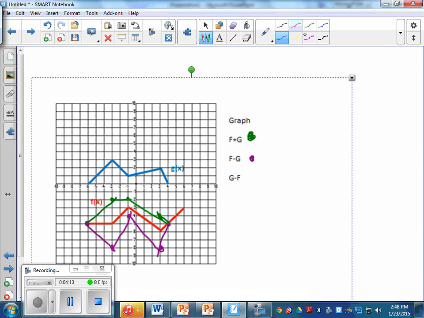For g minus f, it's the same way. I was trying to find a different color that I hadn't done before. I don't know if this pink will look okay. It's going to be the blue number minus the red number. So it'd be 0 minus negative 5, which puts you at 5. And then it's going to be 3 minus negative 5, which would put me at 8.